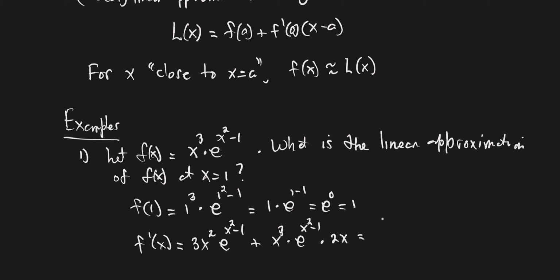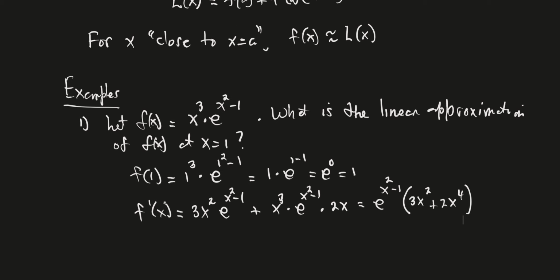Well, let's see how it simplifies a little bit. We can factor out the e to the x squared minus 1, and then in parentheses I'll have a 3x squared there, and then x cubed times 2x, that's 2x to the 4th, right? So that's our derivative.